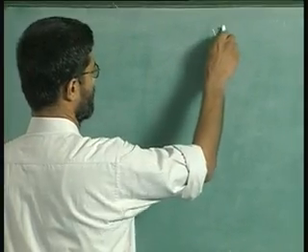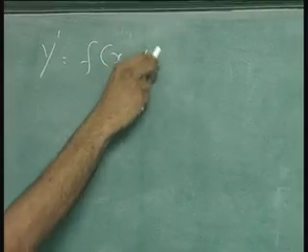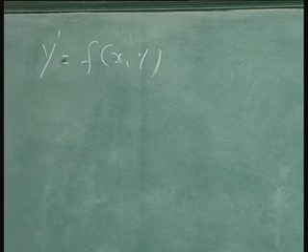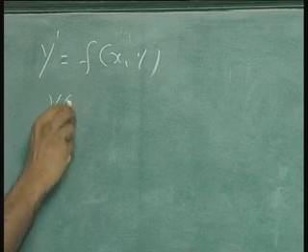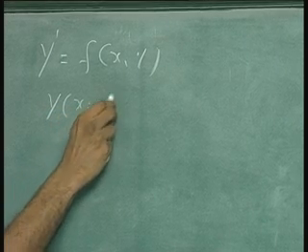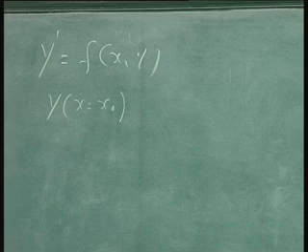So far we have been looking at numerical solutions of differential equations of the form y prime equal to f of x comma y, first order differential equations with some boundary conditions specified at x equal to x naught, that is in the beginning of the interval.